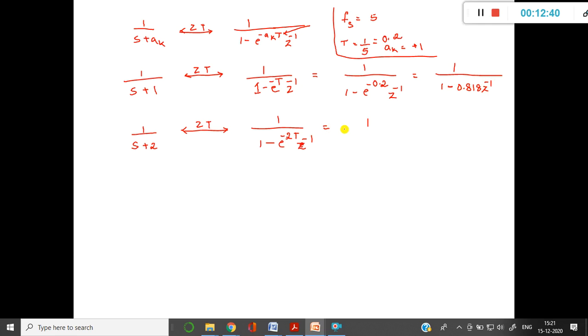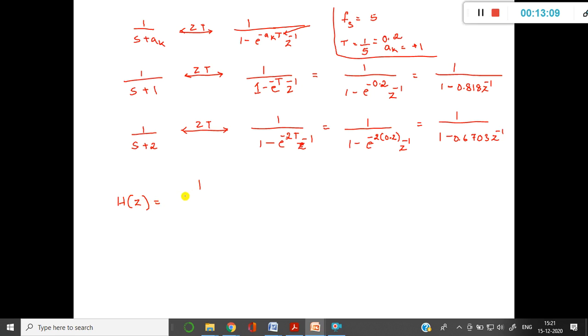And then, once again, 1 minus e to the power of minus 2 into the value of t is once again 0.2 z inverse. So 2 into 0.2 is going to give me 0.4, and I need to calculate e to the power of minus 0.4, that gives me 0.6703 z inverse. Now how do you write the H of z?